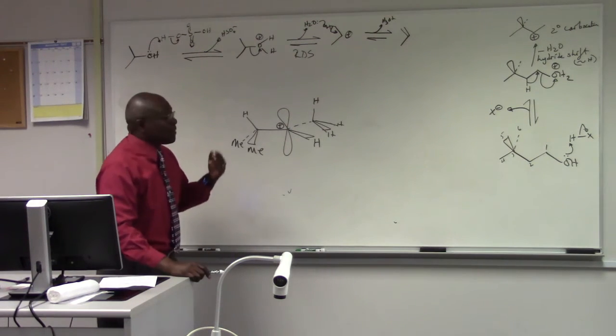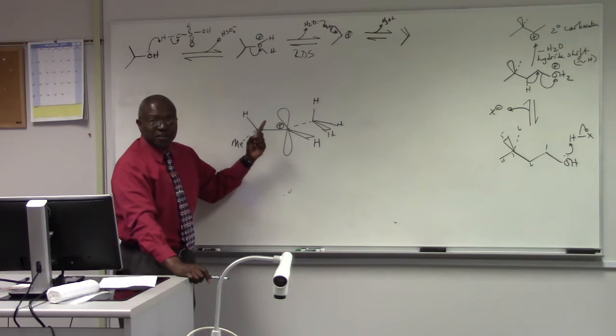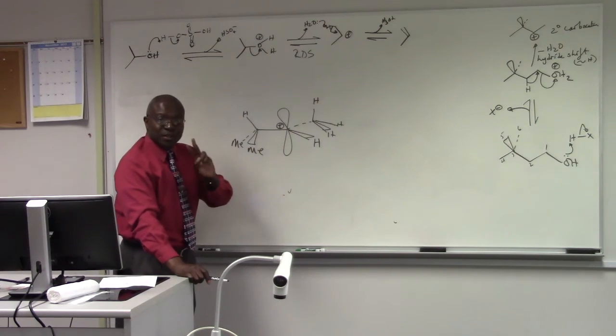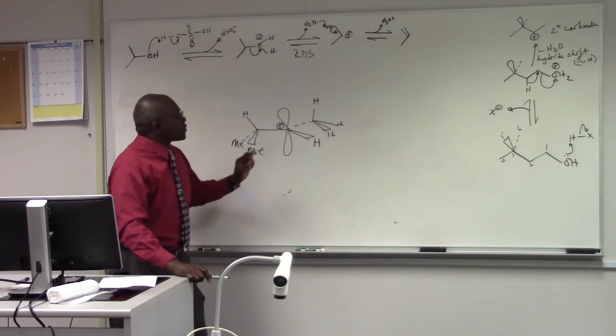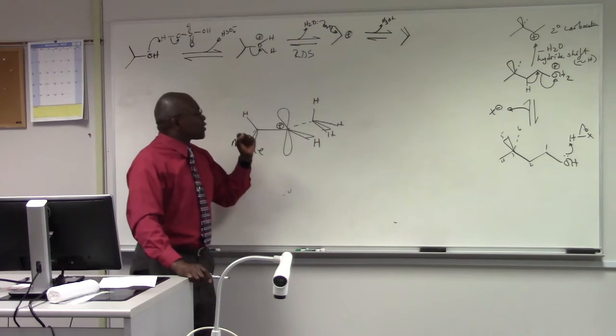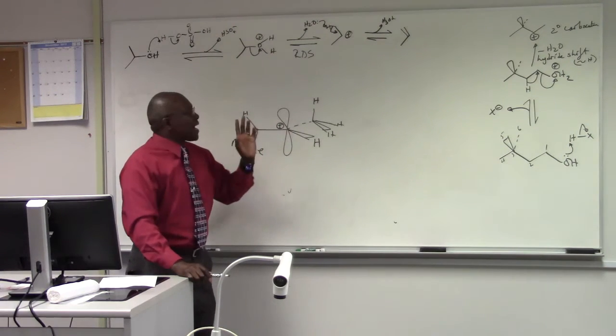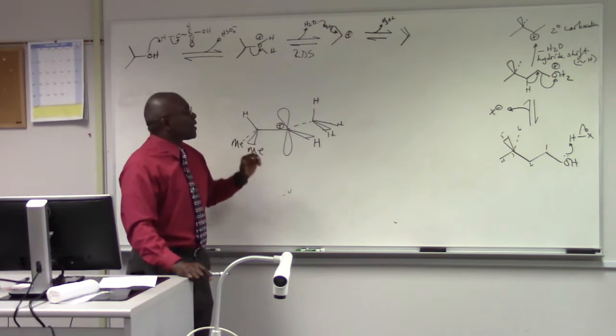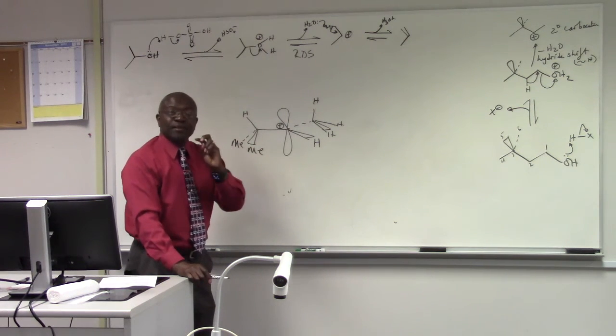What makes it unstable? Well, it's positively charged. And secondly, it doesn't have an octet. It's missing 2 electrons. So the arm of the p orbital is going to function as a thief, and it's going to reach over to an adjacent bond and steal 2 electrons.